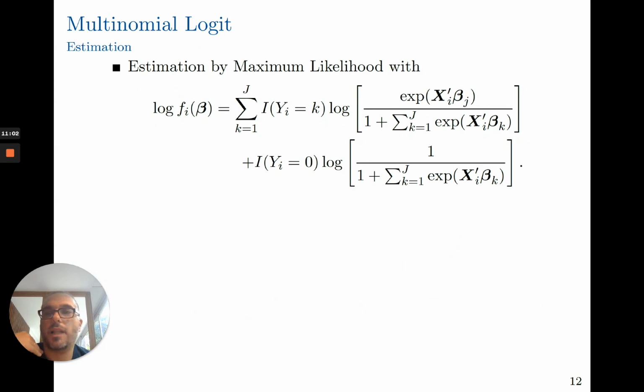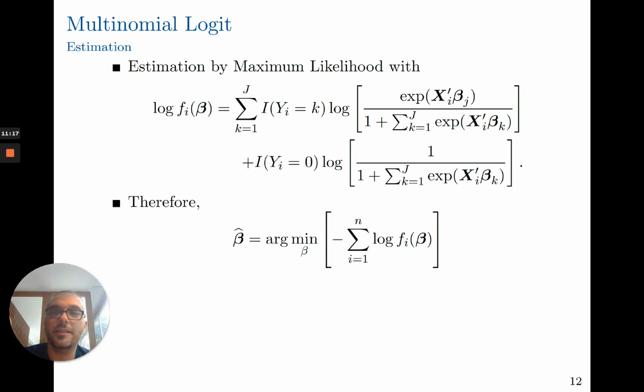Okay. How do we estimate these models? Again, maximum likelihood, now with a multinomial distribution. The log likelihood of individual I is given by this expression, and we basically estimate beta by minimizing the negative sum over all of the individuals of this log f.